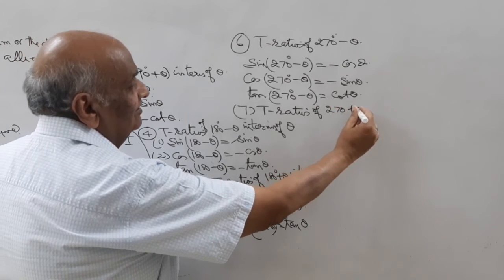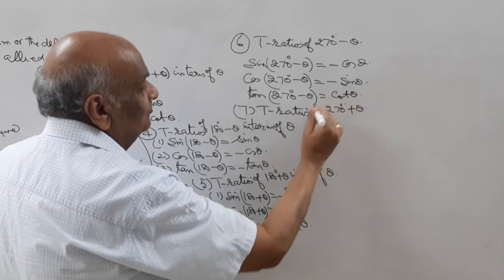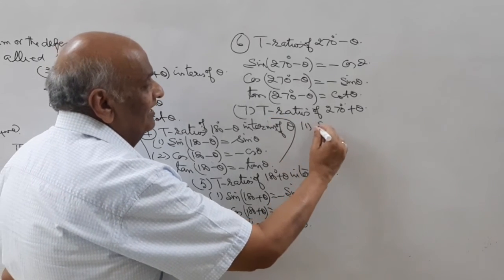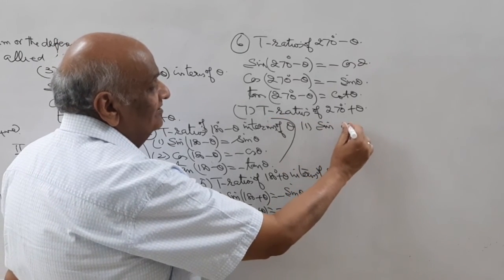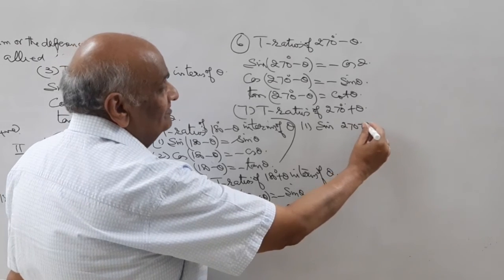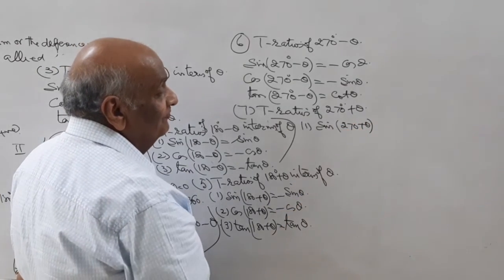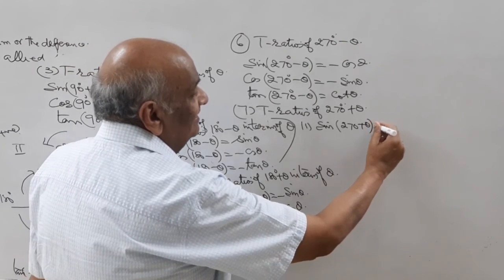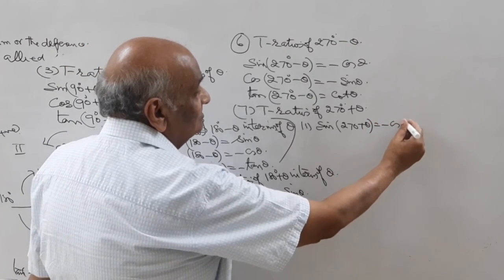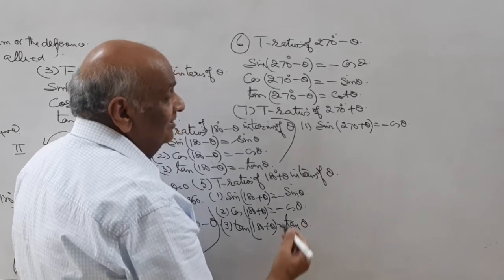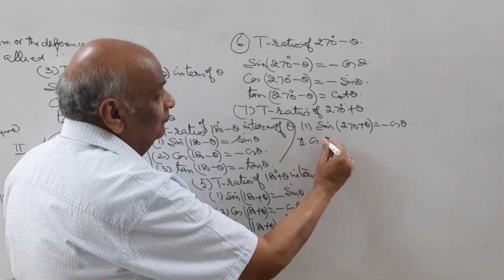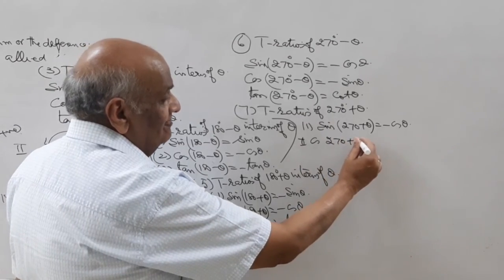270 plus theta, in terms of those of theta. Number one, look, sin 270 plus theta, the fourth quadrant now. In the fourth quadrant, sign is negative. It is minus cos theta because odd multiple of 90. Number two, cos 270 plus theta.